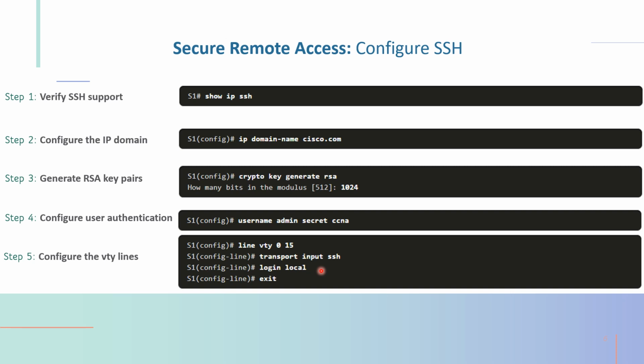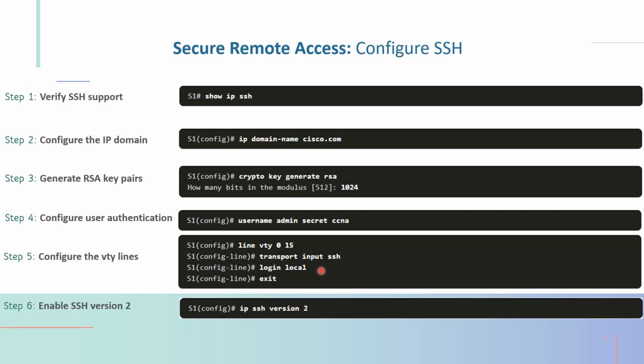Then, with the login local command, we will require local authentication for Secure Shell connections from the local username database. The last step is to enable Secure Shell version 2.